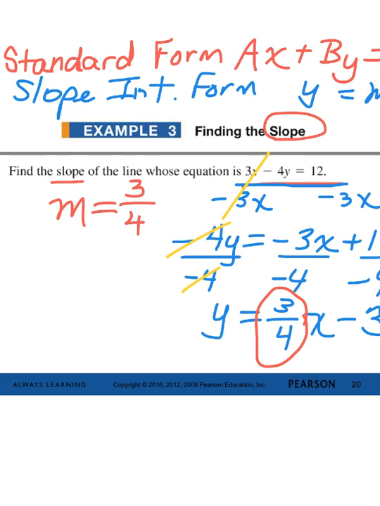So, that's one way to do it. There is also a second way to do it. The second way to do it would be to find the x and y intercepts. Which means we're going to let y be 0 for the x-intercept, and then we're going to find the y-intercept, which means we're going to let x equal 0.